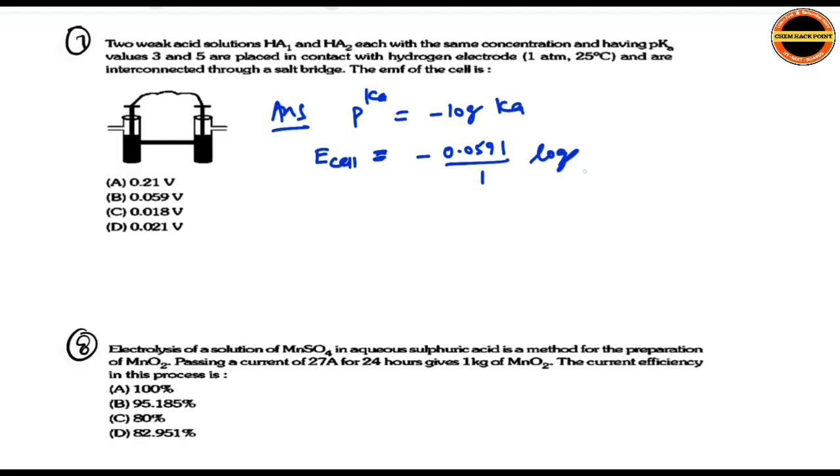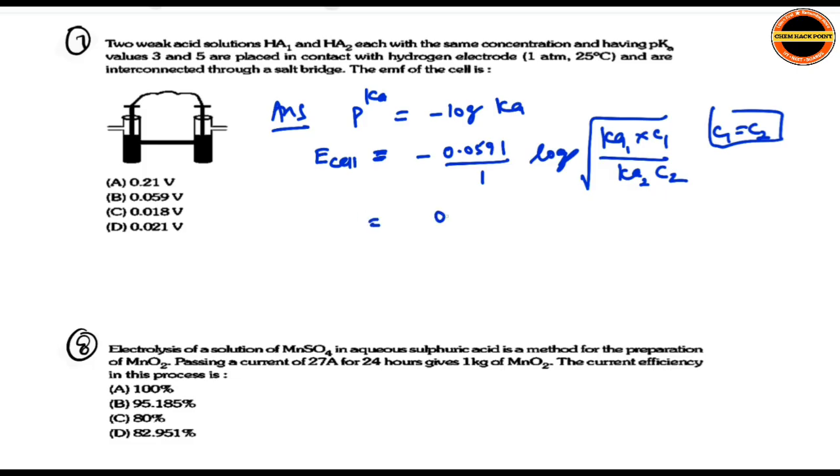That's why I directly removed the E naught cell value. Log of Ka1 into C1 by Ka2 into C2. The concentration is the same here, C1 is equal to C2, so no need to think about it. So directly you can write 0.0591 by 1 log.